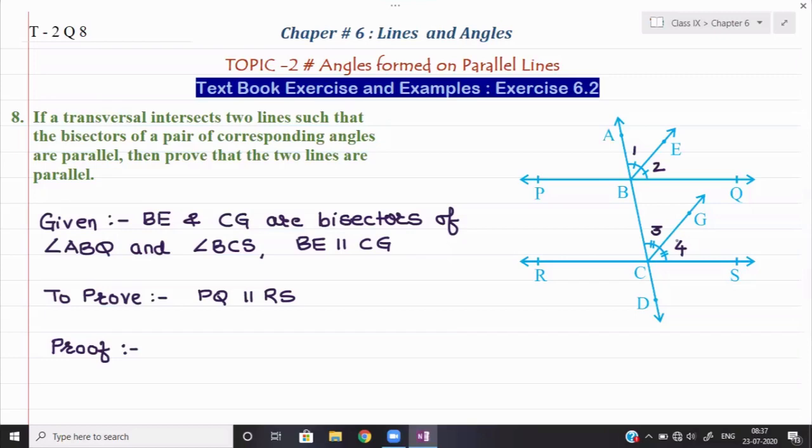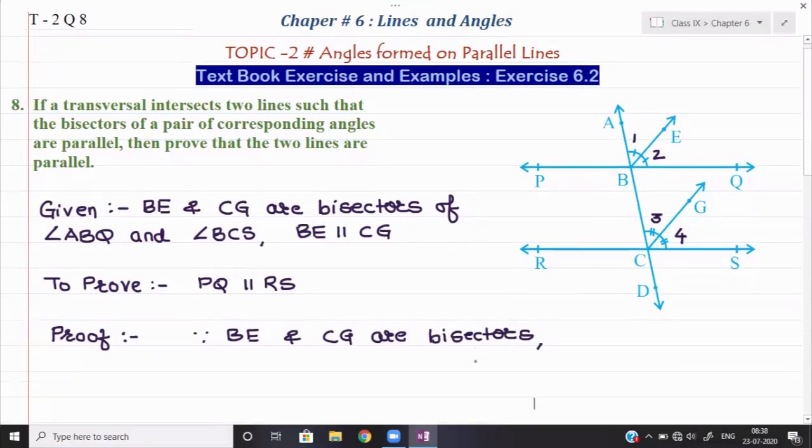So here we'll say that since BE and CG are bisectors, of which angles we have already mentioned in the given, so no need to mention again and again. They are bisectors of the required angles.